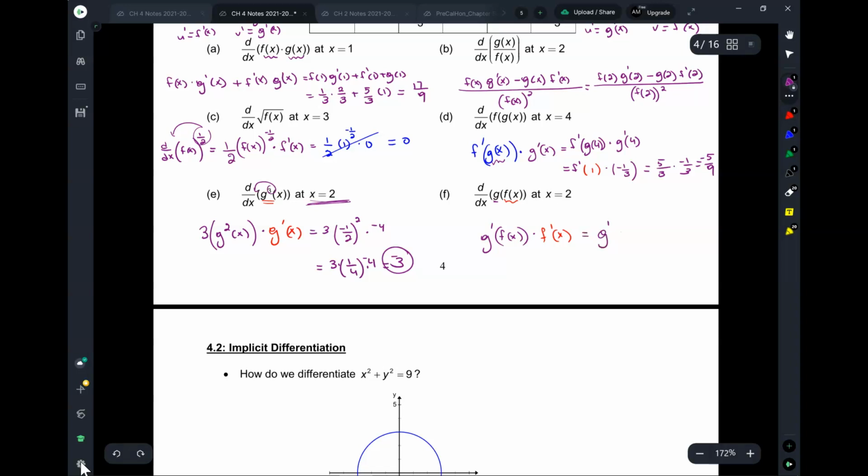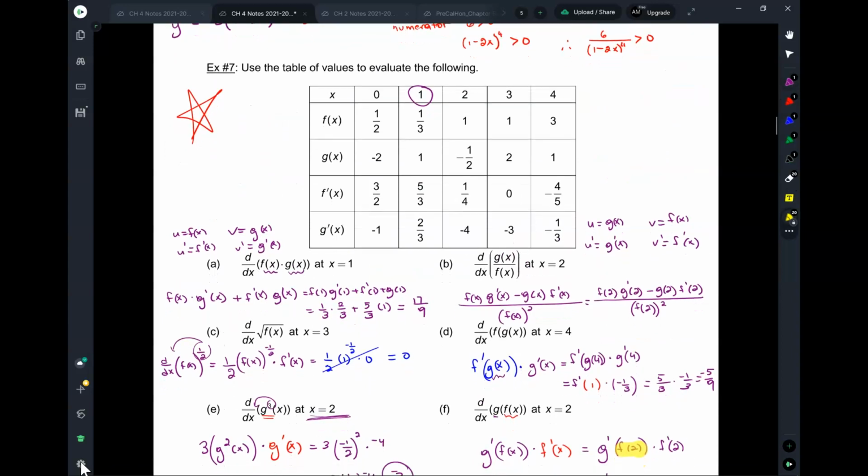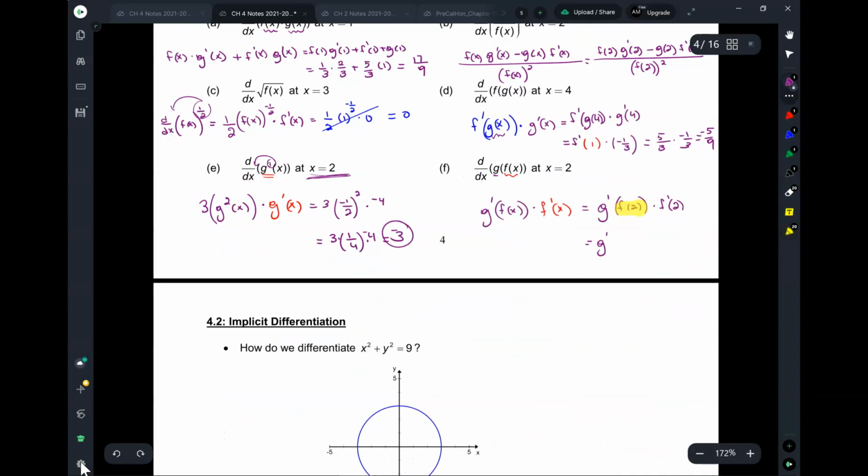So g prime of f of 2 times f prime of 2. So this is g prime. F of 2 is how much? 1, 1. Right? Times f prime of 2, 1/4.